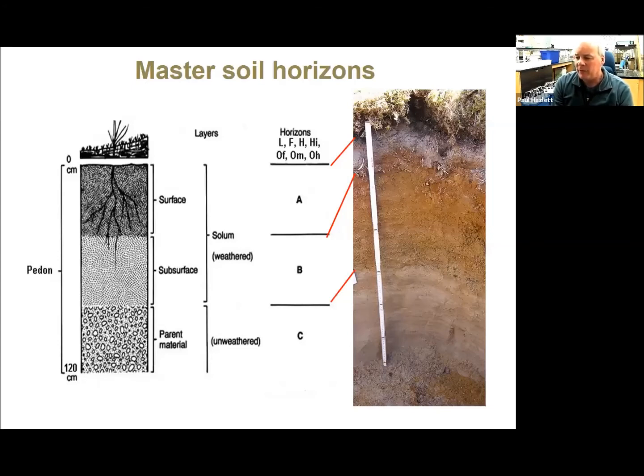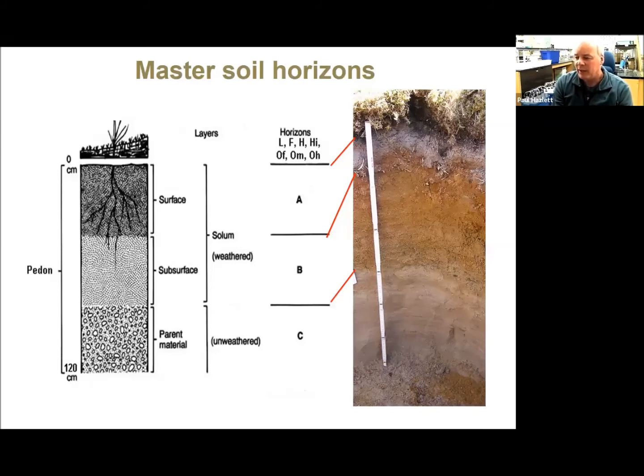Below that, we have the master mineral soil horizons. So again, these are mineral soils, highly composed of sand, silt, and clay, and less than 30% organic matter within these horizons. And again, I like to say to students, master soil horizons, mineral soil horizons are as simple as ABC, because they are ABC.